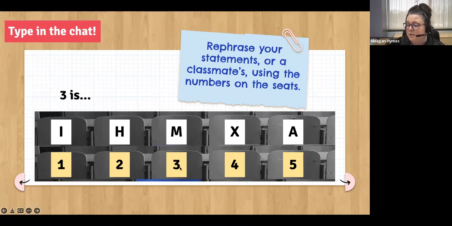Oh, bottom, middle, under M. Between 2 and 4. Nice. Thank you for all of you who are participating. Yes. Where the blue chair used to be. Love it. Thank you, Amber. But good, right? Noticing a pattern change, something changed. And again, this can be a warm up.